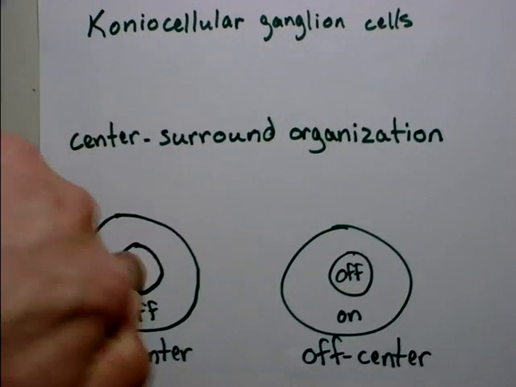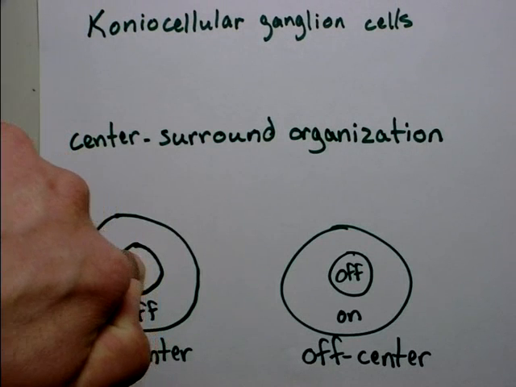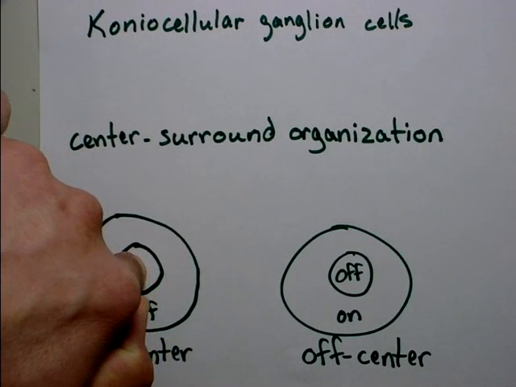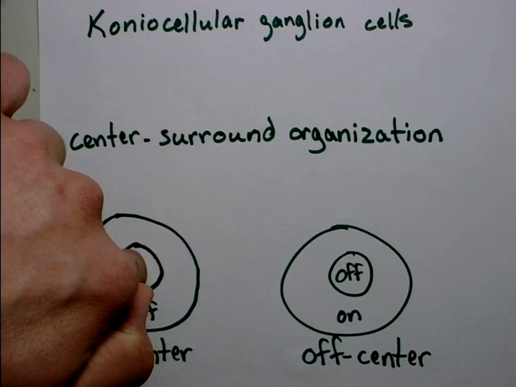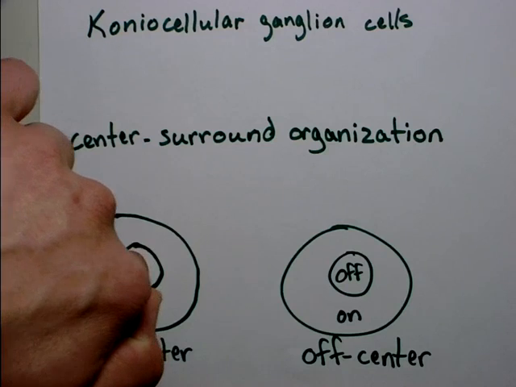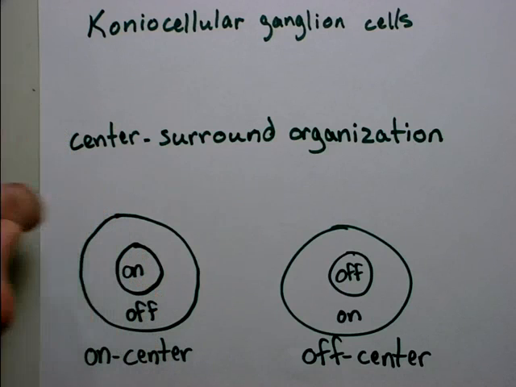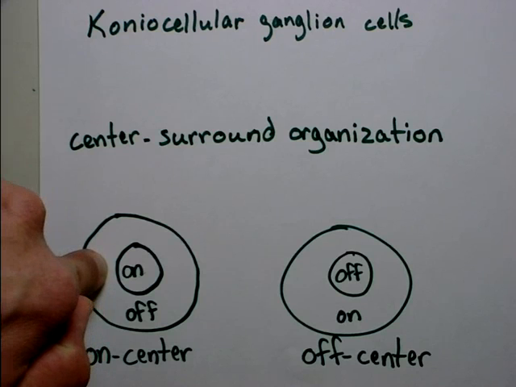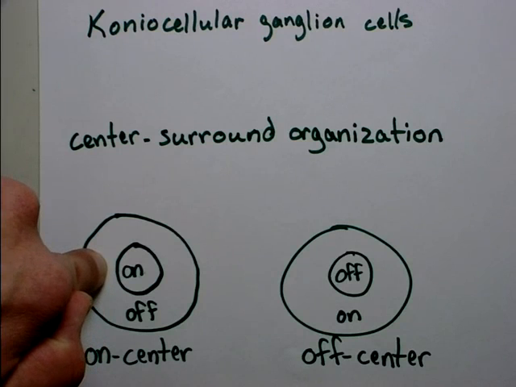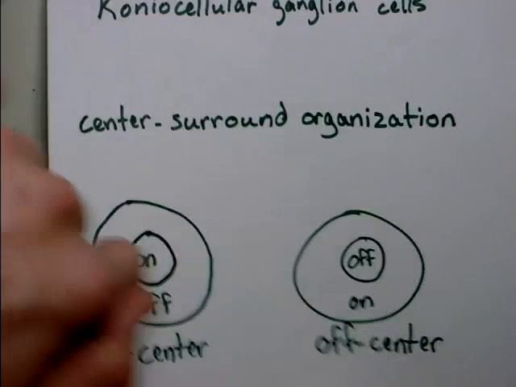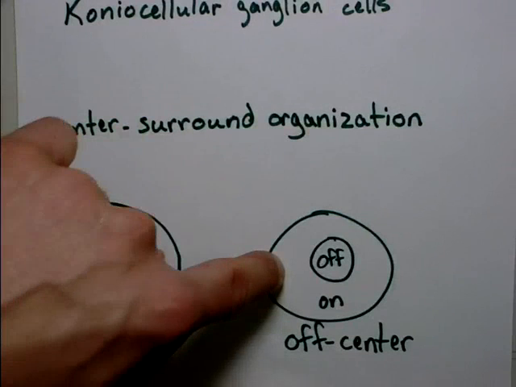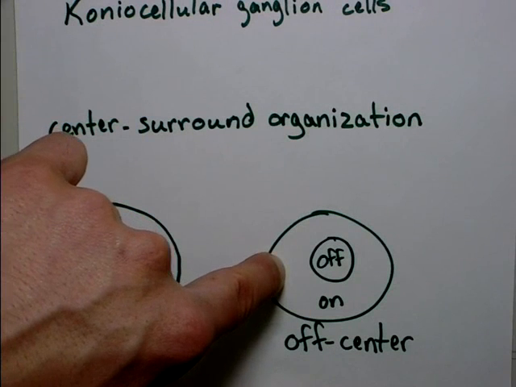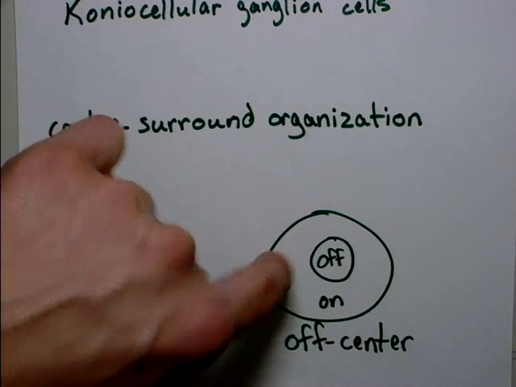When light hits the center of an on-center receptive field, that ganglion cell lights up. It becomes excited. But when light hits the surround of an on-center receptive field, that ganglion cell is inhibited. And then the exact opposite is true for an off-center receptive field. Does that make sense?